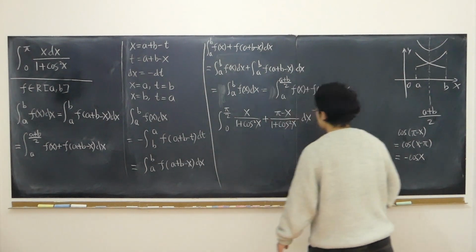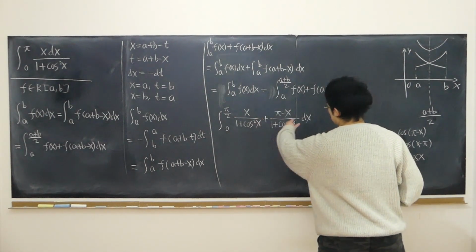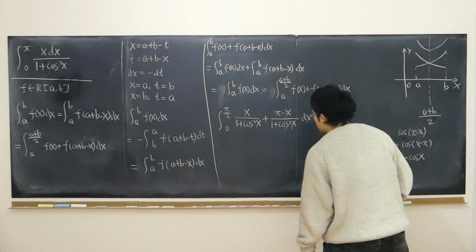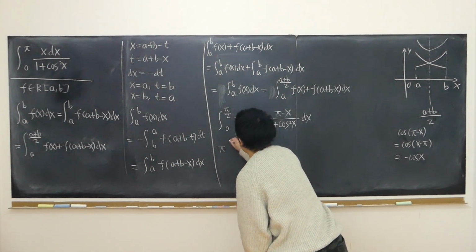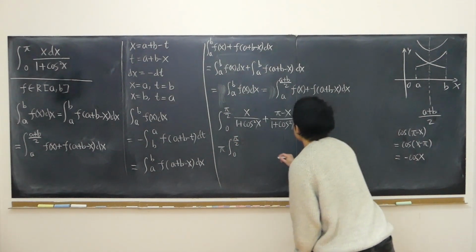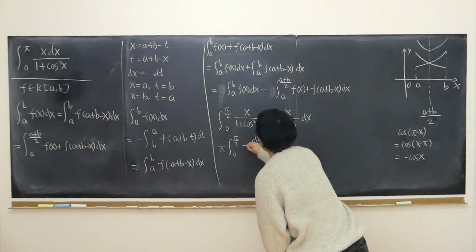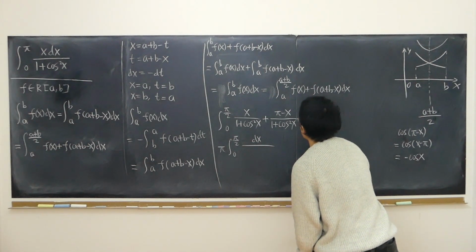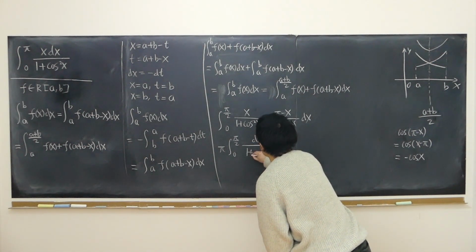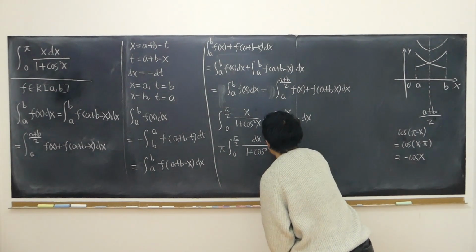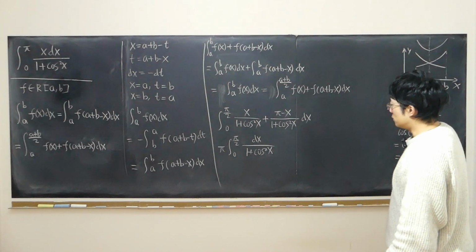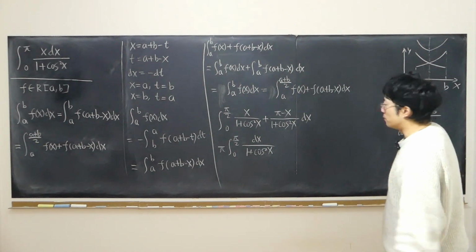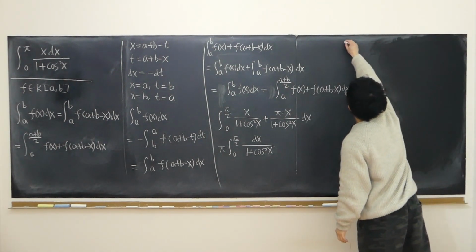Now, this can be easily simplified down to, because x and x just cancel out, and we have a pi on top. Therefore, I just extract the pi. And 0 to half pi dx, and we have 1 plus cosine square x. Now, then I'm going to divide both the top and bottom by cosine square.